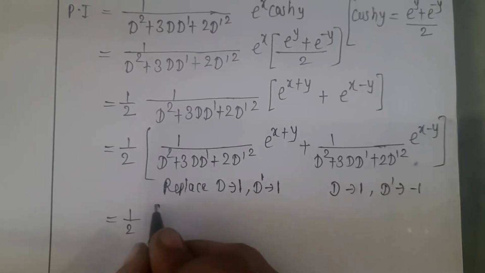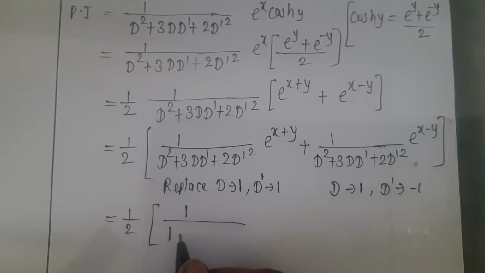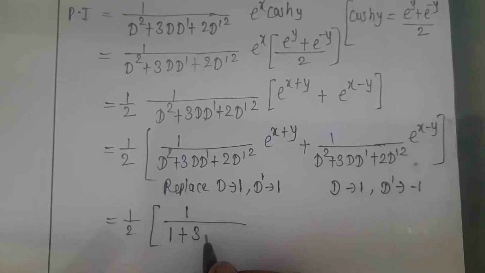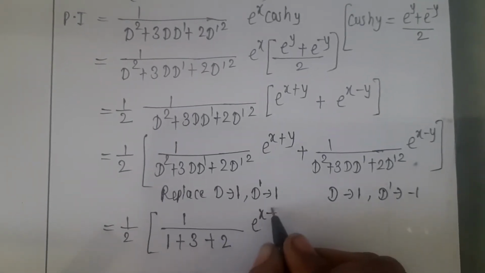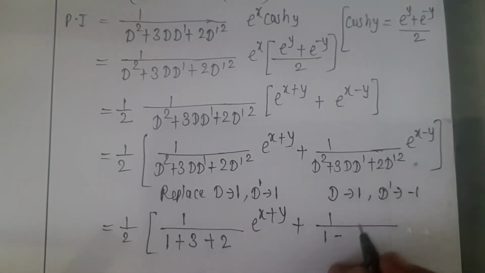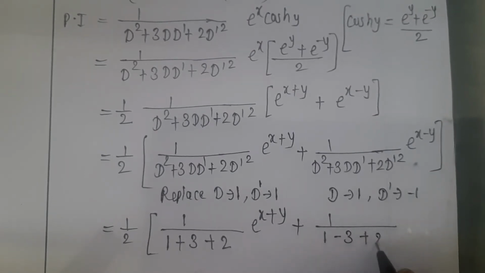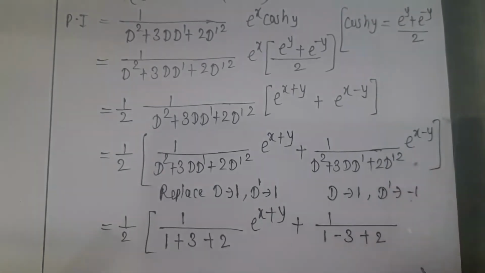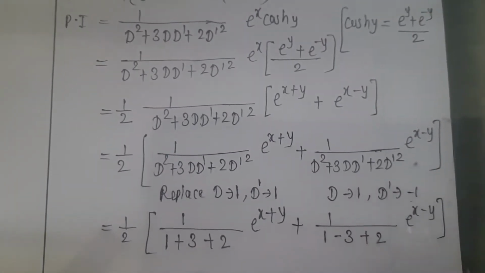It is 1 by 2 times [1 upon (1² + 3 into 1 plus 2 multiplied by 1²) e^(x+y) plus 1 upon (1² + 3 into 1 into -1, so it becomes -3, plus 2 into (-1)², so plus 2) multiplied by e^(x-y)].